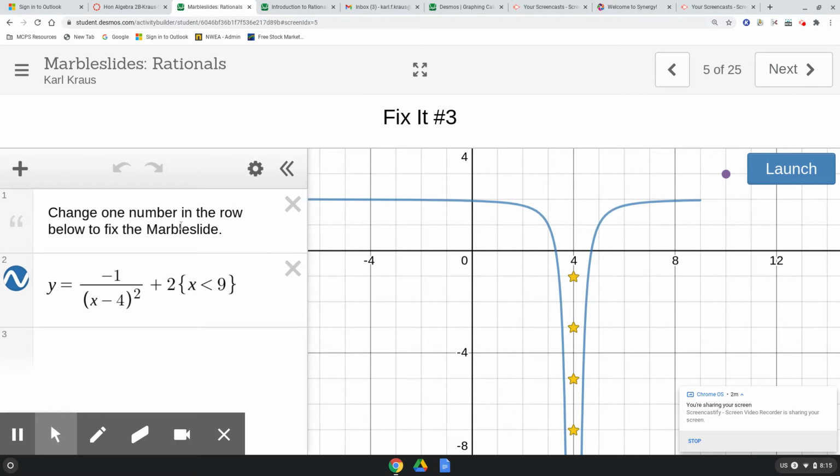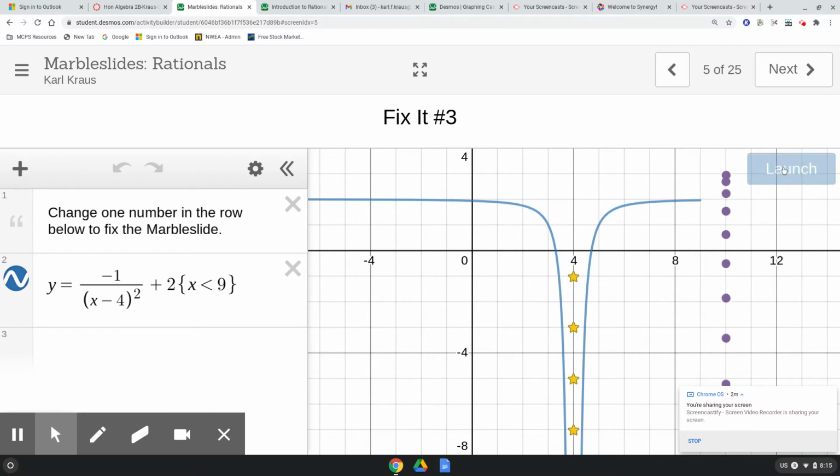Slide 5, change one number in the row below to fix the marble slide. So here, you want to move this over. You want to get this part of the graph. So if you just hit the button now, the marble is going to drop straight down.